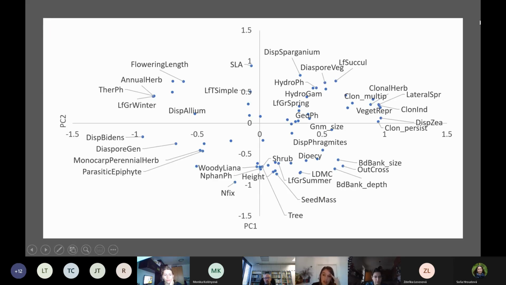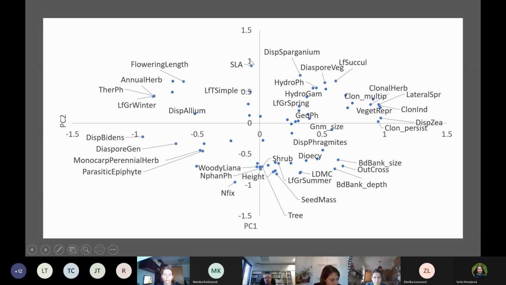So here is the result again. It's basically the same thing. The phylogenetic axes didn't affect the main trends so much. It changed a bit which traits are more important here, but the same would be in that region.